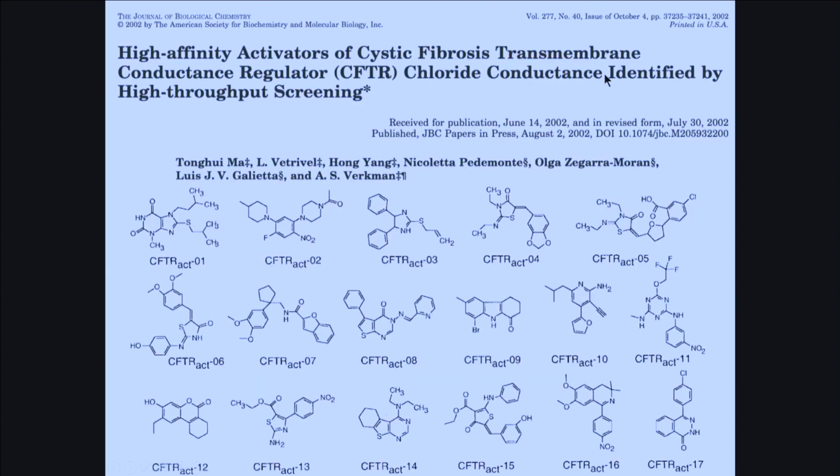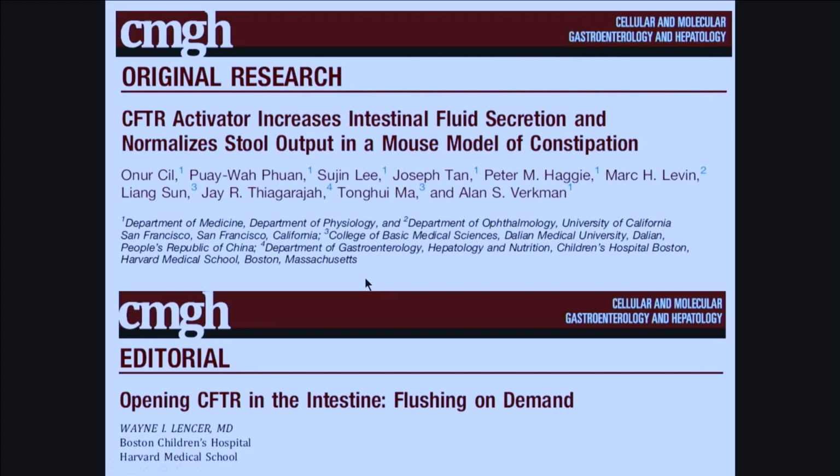So we did a screen for activators. I won't go through the details. And we found many such activators. This was way back in 2002. We optimized the activators and tested them for constipation, and this is some recently published work. The top one is our paper, CFTR activators increase intestinal fluid secretion and normalize stool output in a mouse model of constipation.